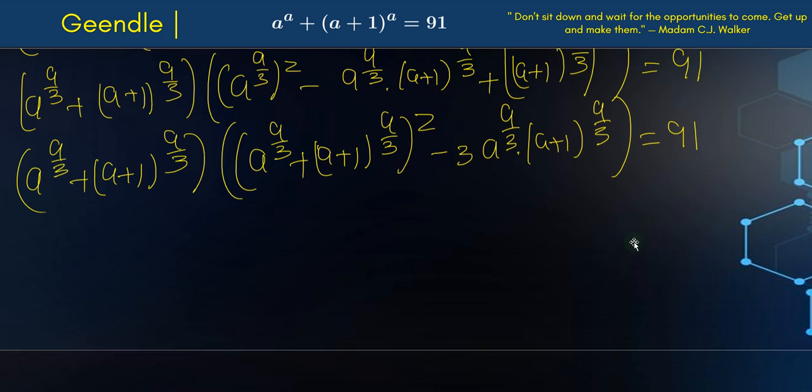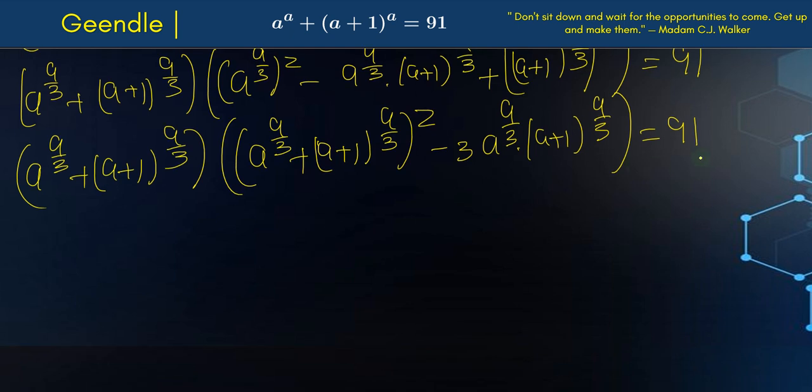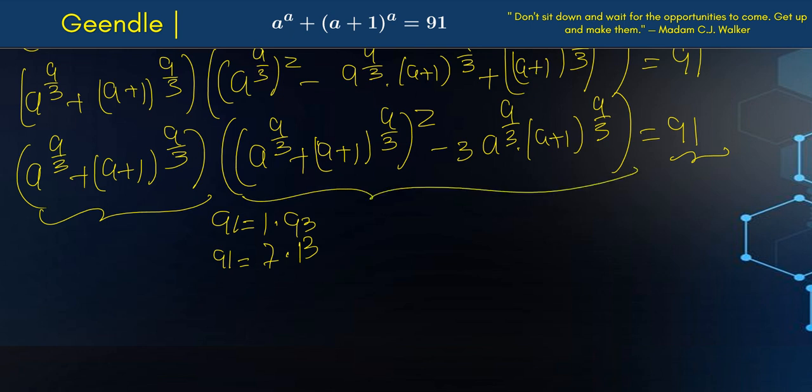Now this is where we focus on this number here, 91. I can write 91 as 1 times 91, or I can write 91 as 7 times 13, and this term here is smaller than this one here.